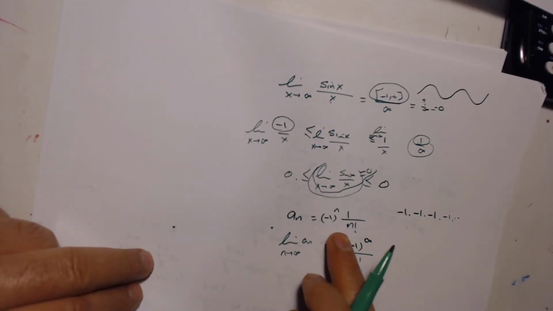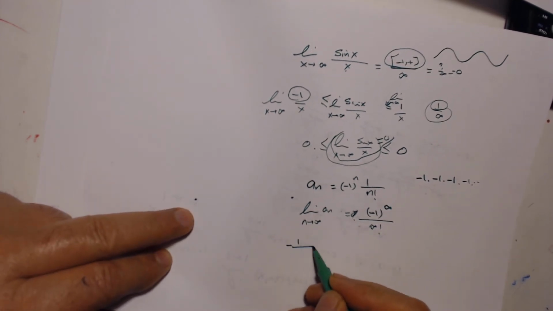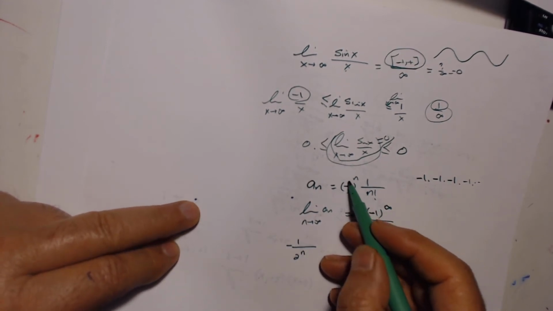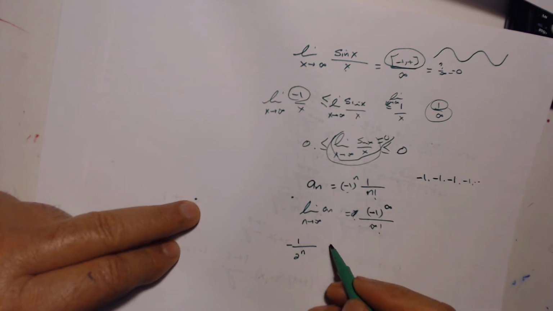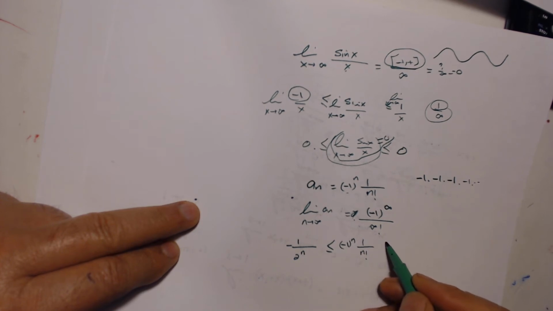Therefore, if I want to find the limit of that one, I'm going to compare it with the exponential function, and I'm going to put 1 over 2 to the power of n. Because this one is negative, it is going to be less than or equal to negative 1 to the power of n, 1 over n factorial.